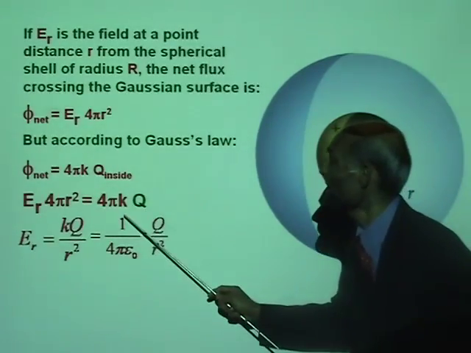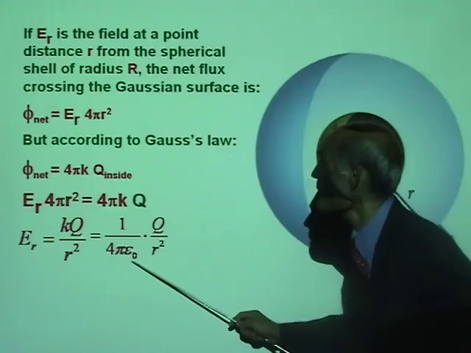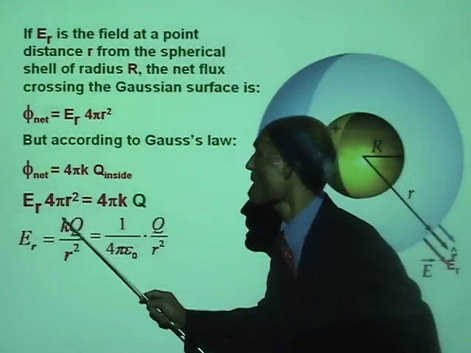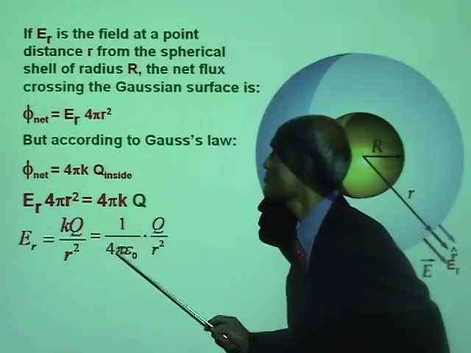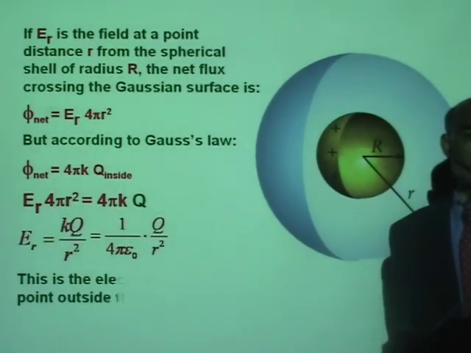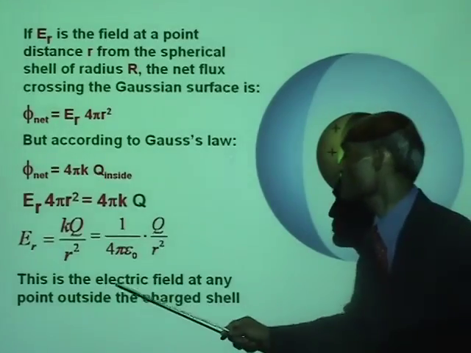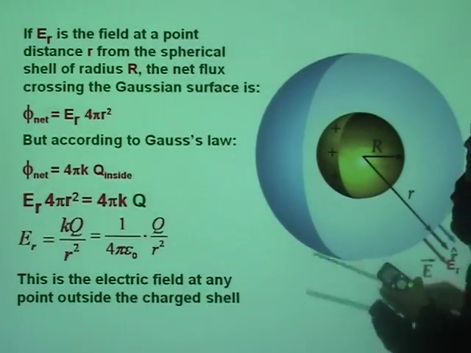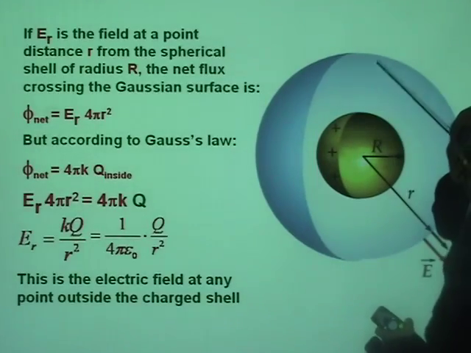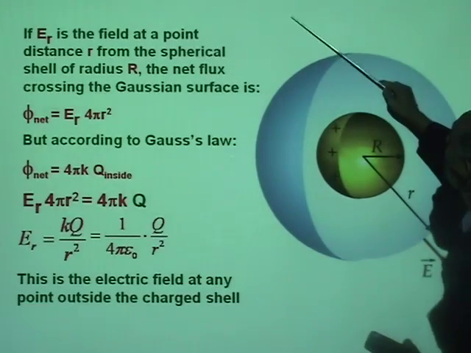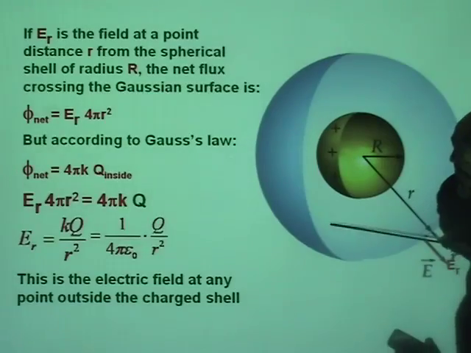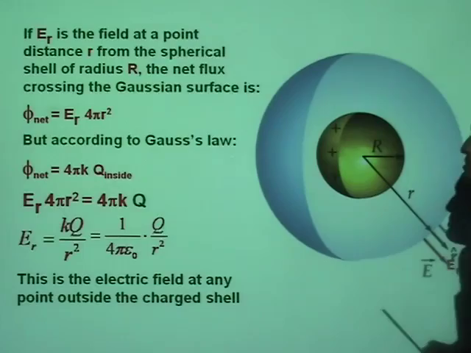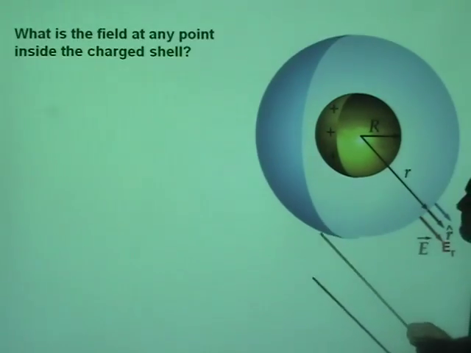And I can also write it as 1 over 4 pi epsilon naught times q over r squared. Why? Because k equal to 1 over 4 pi epsilon naught. Now, this is the electric field at any point outside the charged shell. Any point outside the charged shell, you take the point here, the point here, point here, or anywhere, it will be 1 over 4 pi epsilon naught q over r squared.